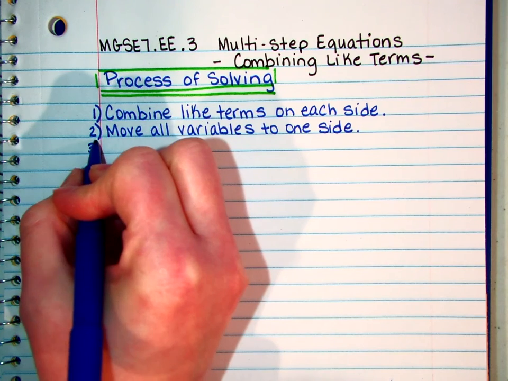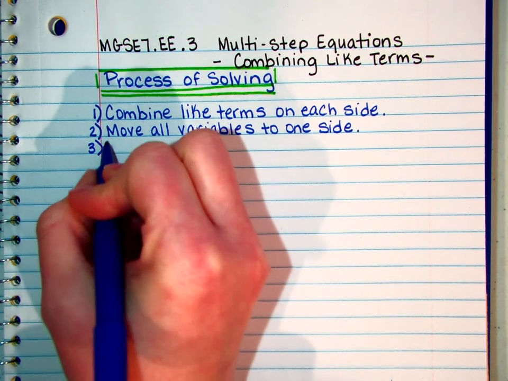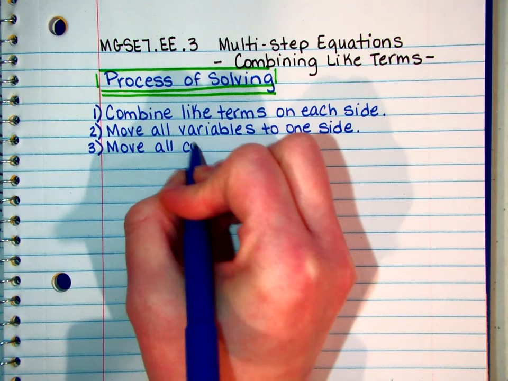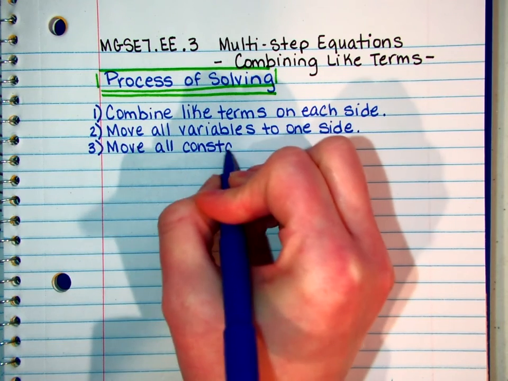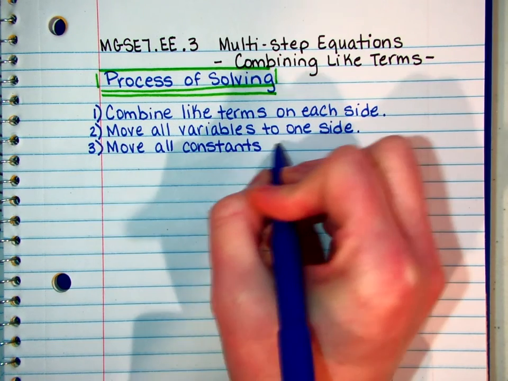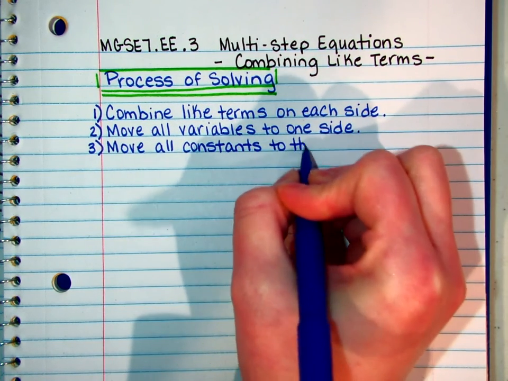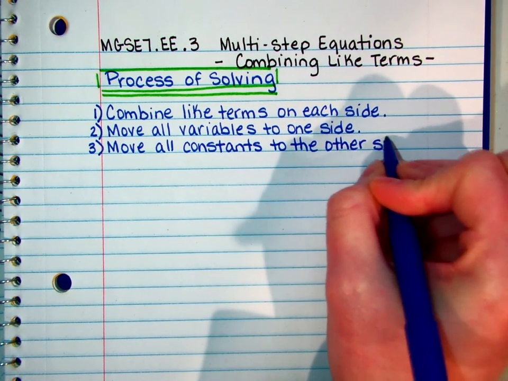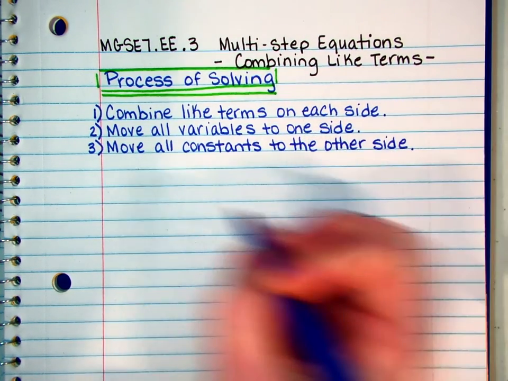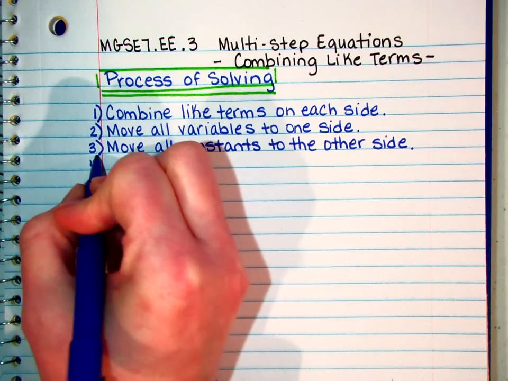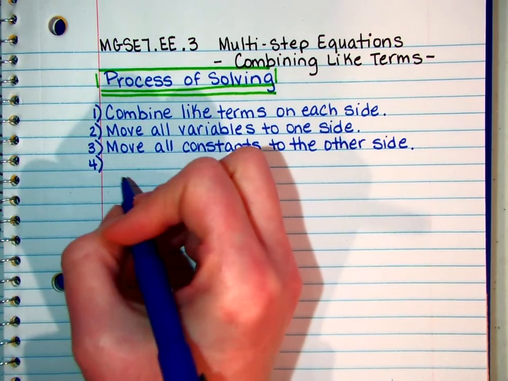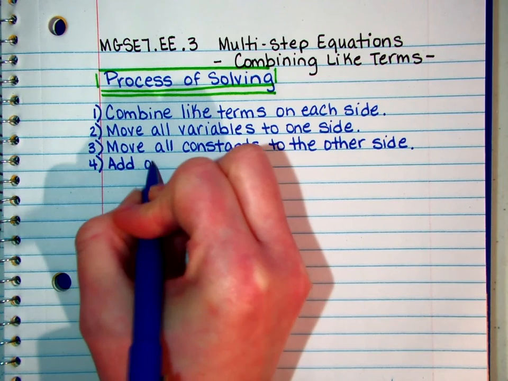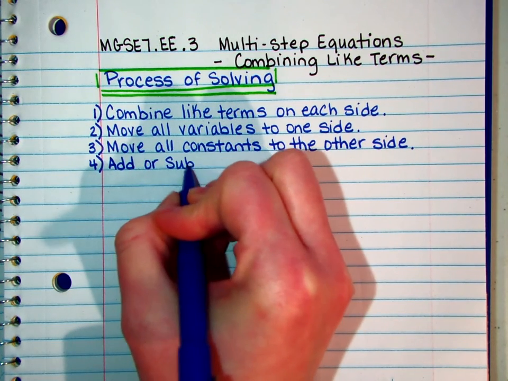So, speaking of constants, step 3, move all constants to the other side. Then, using the steps of solving two-step equations, we will add or subtract, depending on the sign.